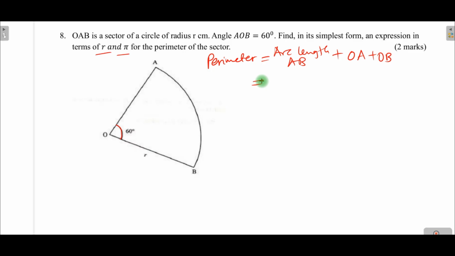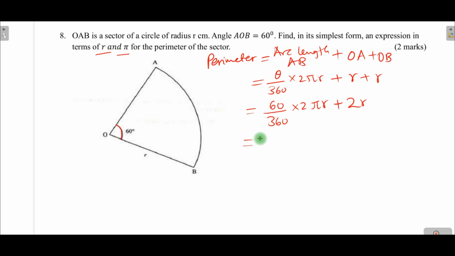Arc length is given by theta over 360 times 2 pi r, then plus OA is r plus OB is r. Theta is 60, the angle subtended at the center. So 60 over 360 times 2 pi r, then plus r plus r is 2r.